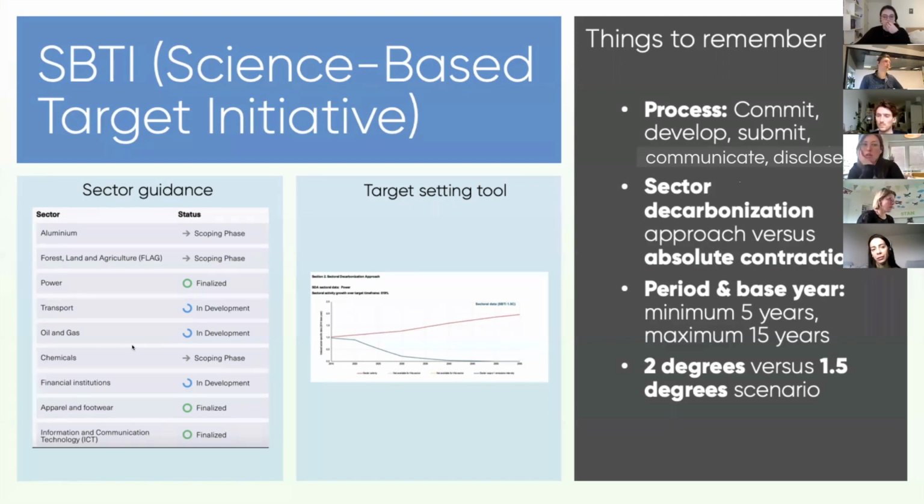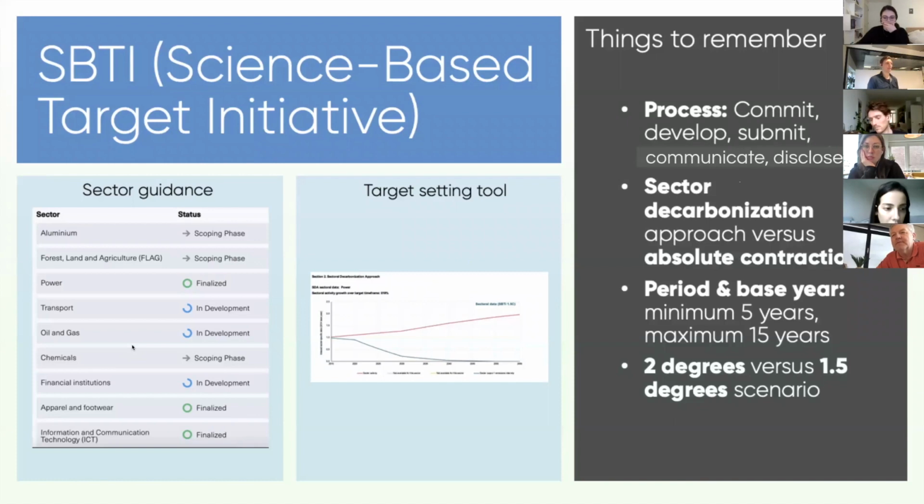The first thing, if we start at the left-hand side of this slide, there is specific guidance available for each sector. For many sectors, some sectors are still in preparation. But for instance, if you look at the power sector, that is being finalized.